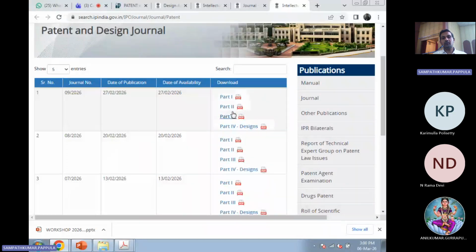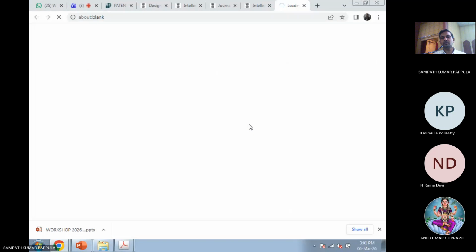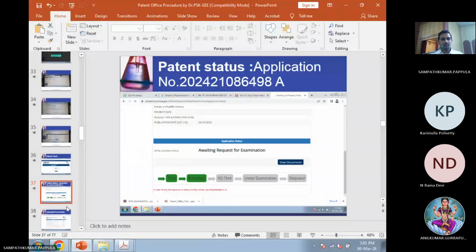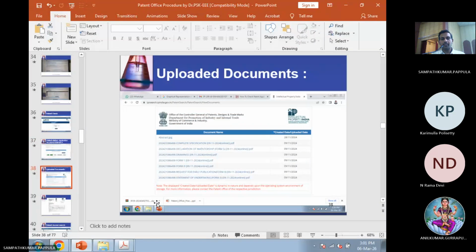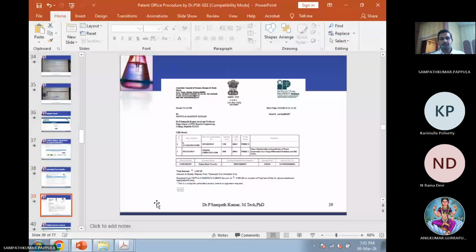In this, part 1, part 2, part 3 are there. All these are the patents, and these are the design patents. So we can see this one. So this is the form.